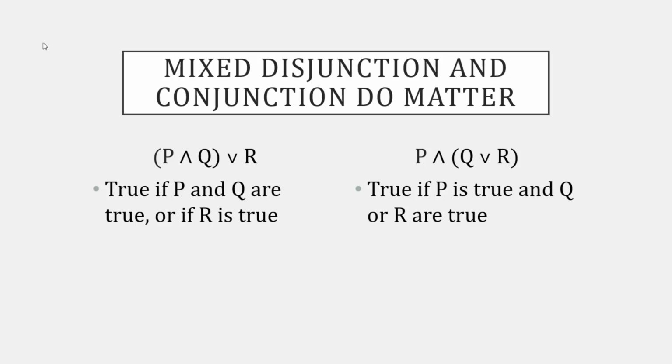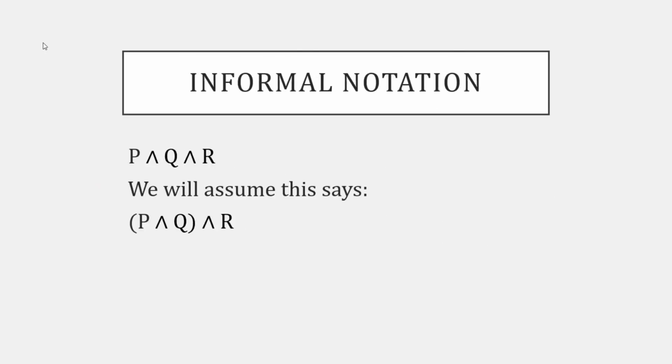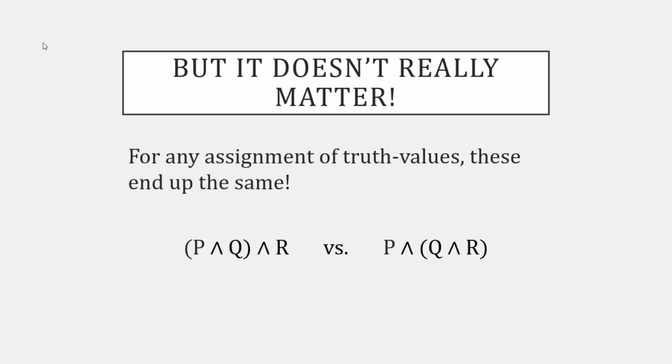And similarly for disjunctions, for OR. So if you have P or Q or R, again, we're going to assume that the first thing gets the brackets, but it doesn't really matter because P or Q or R is true if P is true or Q is true or R is true.